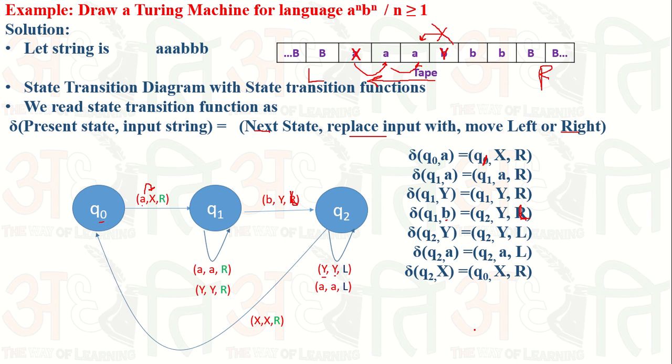What does history repeat? Suppose at state Q2 X comes, it means the control, or we can say the head, points to this particular X by moving back. So when we mark B, we go back and find the X. When we find the X, then we replace X with X and go to the right.